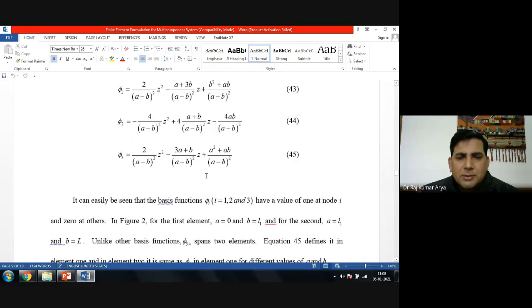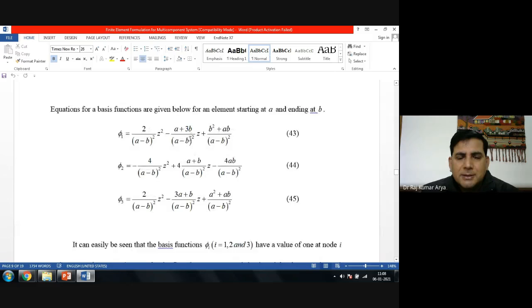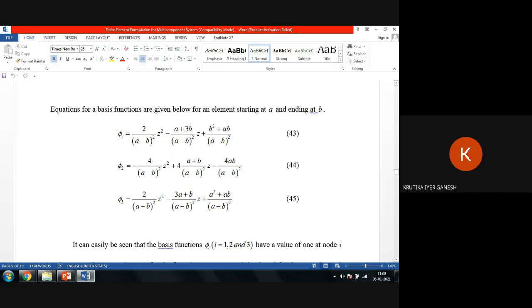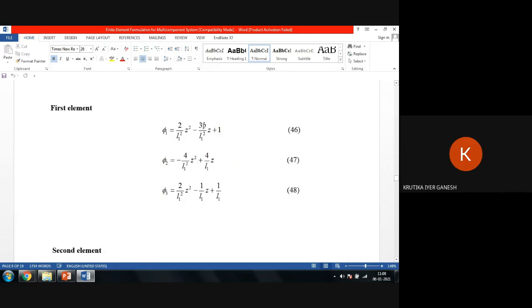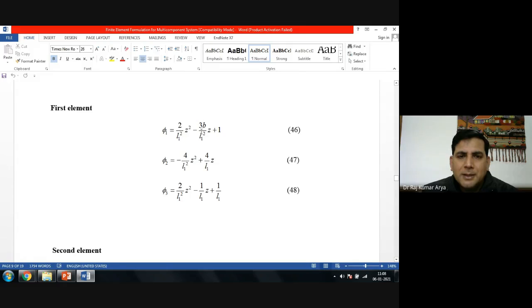You can check here, because A would become 0 here. A will go away here. It would become 3L1 and it would become L1 square. So 3L1 would come here, so it will practically become 3/L1, right? Yes, sir. Right, so that is my mistake. You can check it.